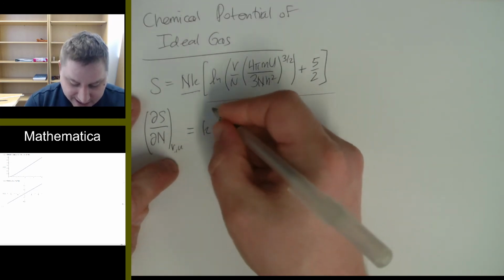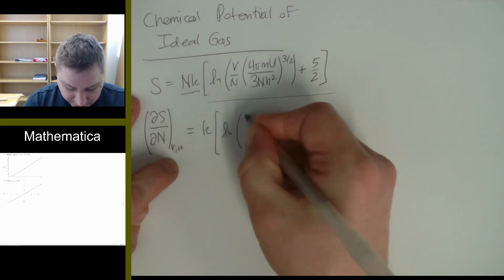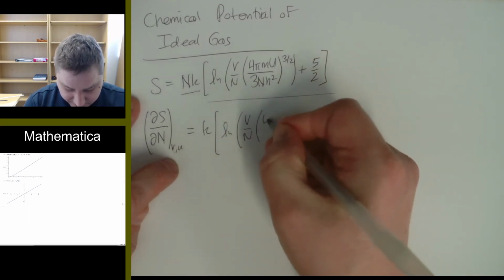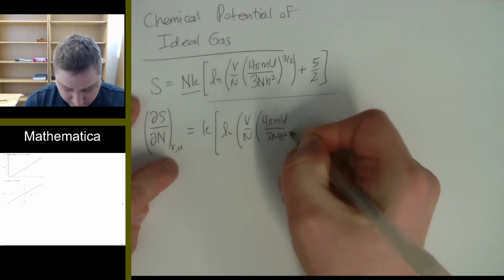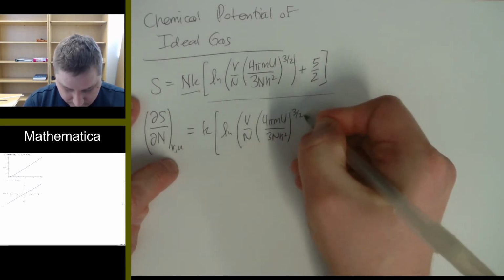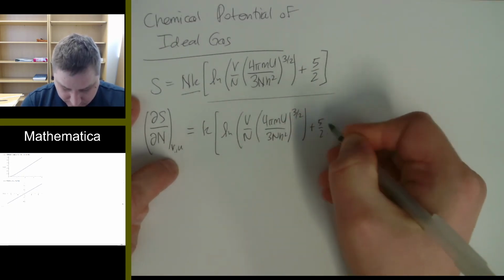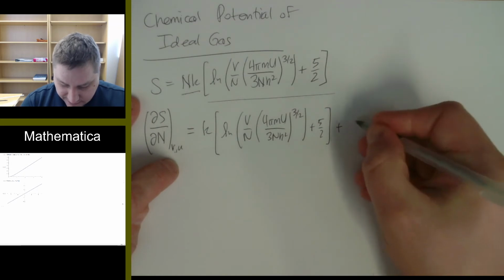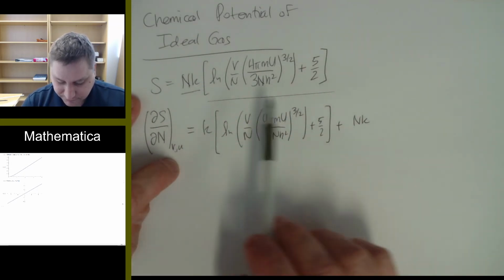So first, we'll just have k from differentiating this. And I'll quickly rewrite the entire inside. Okay, and then we'll have the Nk, the first term, times the derivative of the inside.